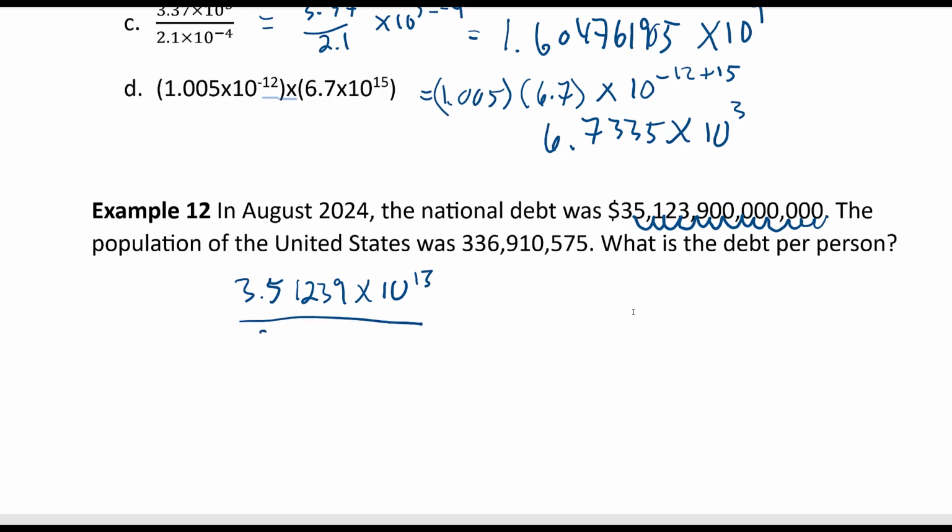Then we have 3.36910575. I guess I could have rounded that a little bit. Times 10 to the, this is 1, 2, 3, 4, 5, 6, 7, 8.